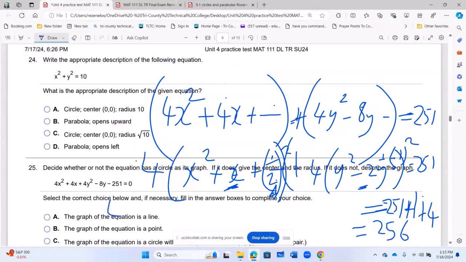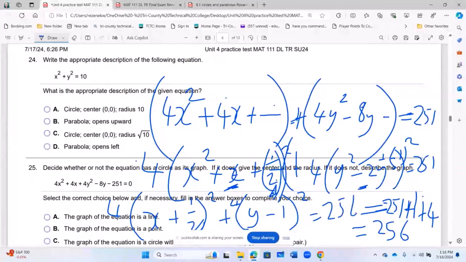Now I open the parentheses and pick one of the squares. I pick one from here and put x plus 1/2, and then close it. Then I pick one from here and put y minus 1. Don't forget that we divided a negative, so it was negative at the beginning. Squared, and the 4 is still there, equal to 256.